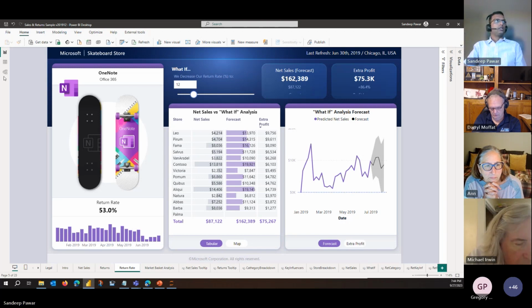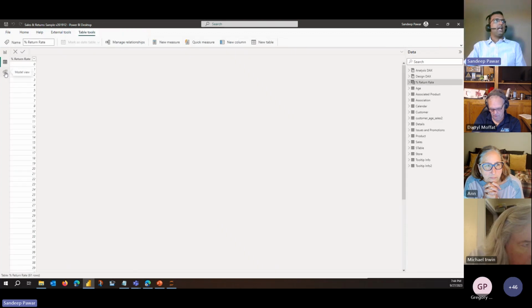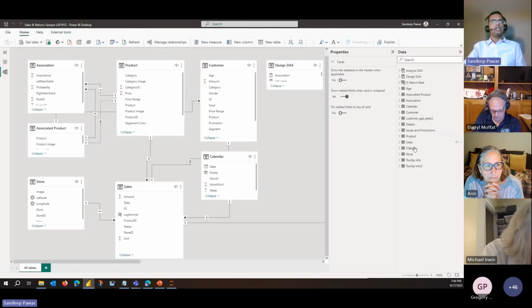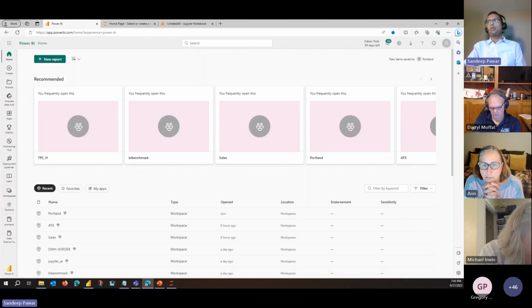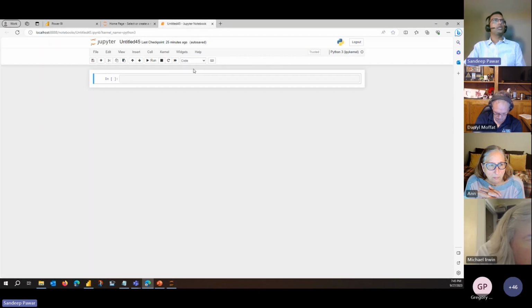Focus on the concept and the intent behind the analysis rather than the code itself. Okay. So I have this data already, right? I extracted all of this data, and if I were to analyze it before the launch of Fabric, the way I would do this is I would go to a Jupyter Notebook.